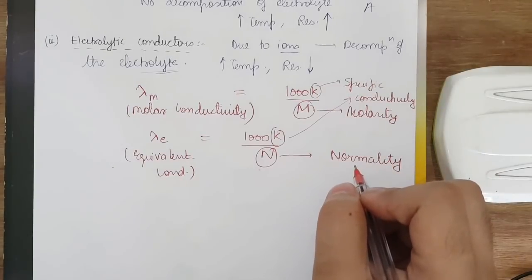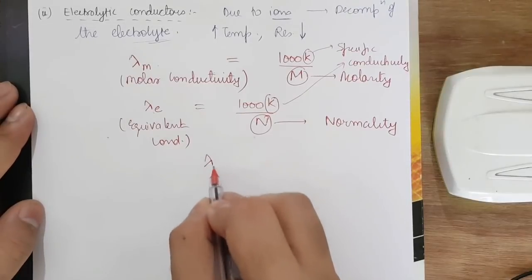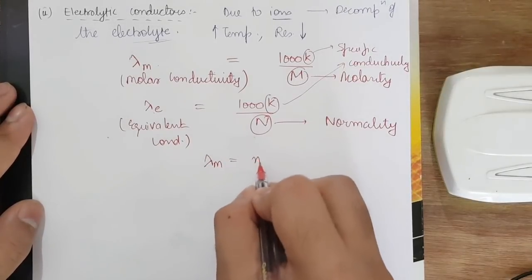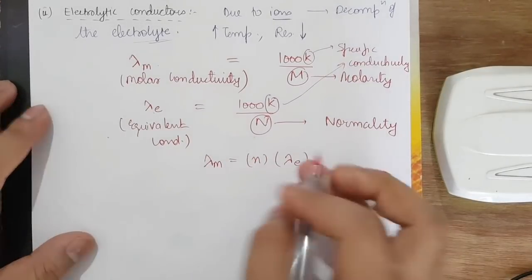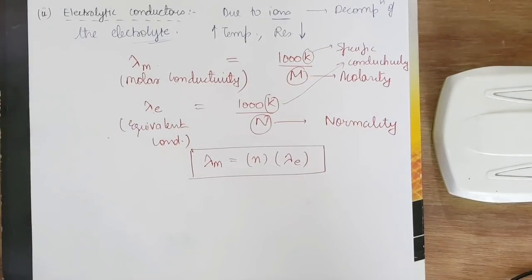What is the relation between lambda e and lambda m? We get lambda m equal to n into lambda e, where n is the n factor. I hope it is clear to you. Just the basic mole concept we are taking here. Now comes the very important questions, so let us discuss them.